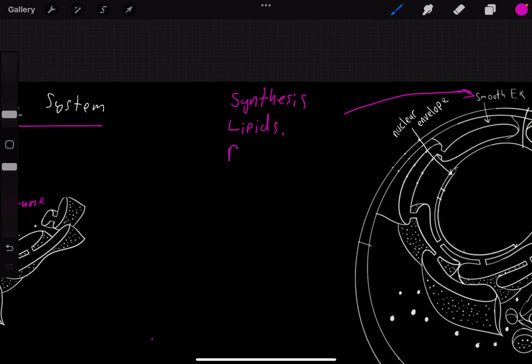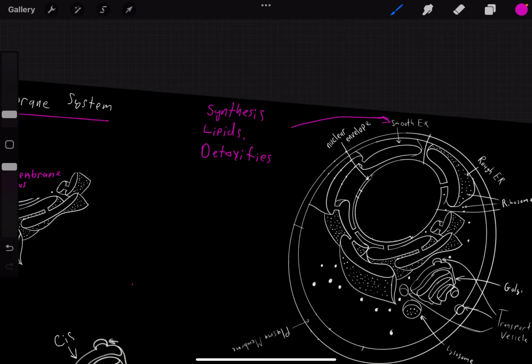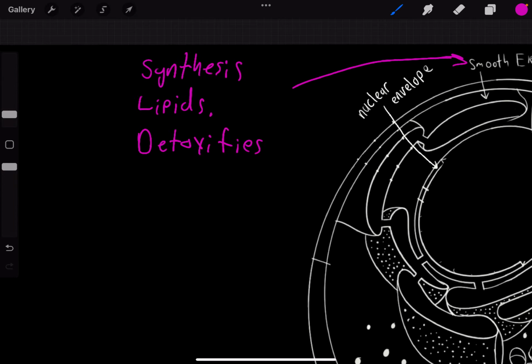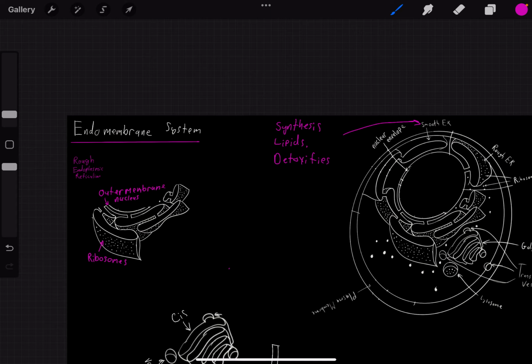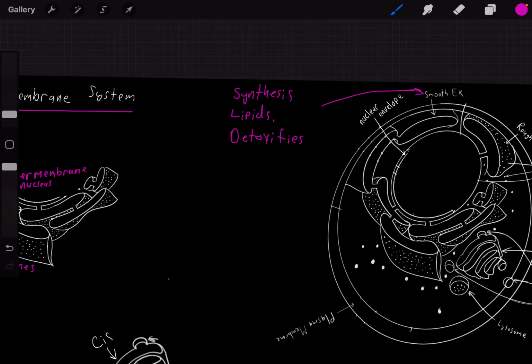It also detoxifies toxins that may happen to come in the cell. They would go to the smooth ER, and that would detoxify them.